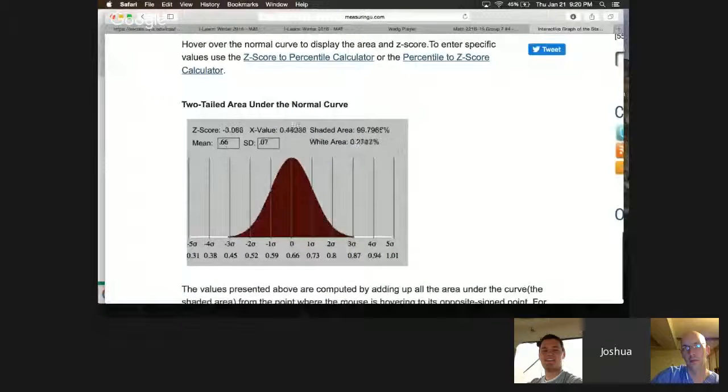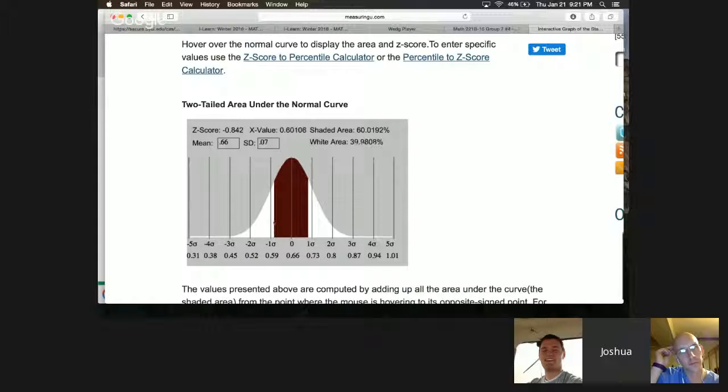I put in the mean as 0.66 and the standard deviation as 0.07. It's not very intuitive because it's too exact, so you can't really find the number you want. So if you go to 0.6, oh no, I went too far. There, almost there. Okay, so 0.6 is right there.